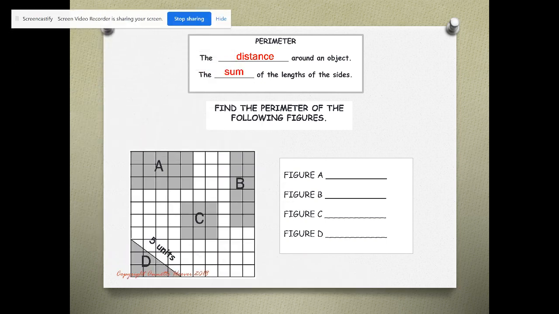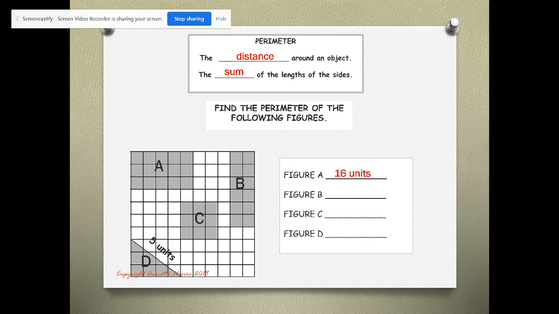So, basically, we look at these shapes down there, and this is not on your notes, but we'll look really quick. If you look at shape A, and you look at the base, and if you were to count the units, there are 5 units on the base, which means there's also 5 units on the top base. There are 3 units on each side, so you would simply add 3 plus 5 plus 3 plus 5.